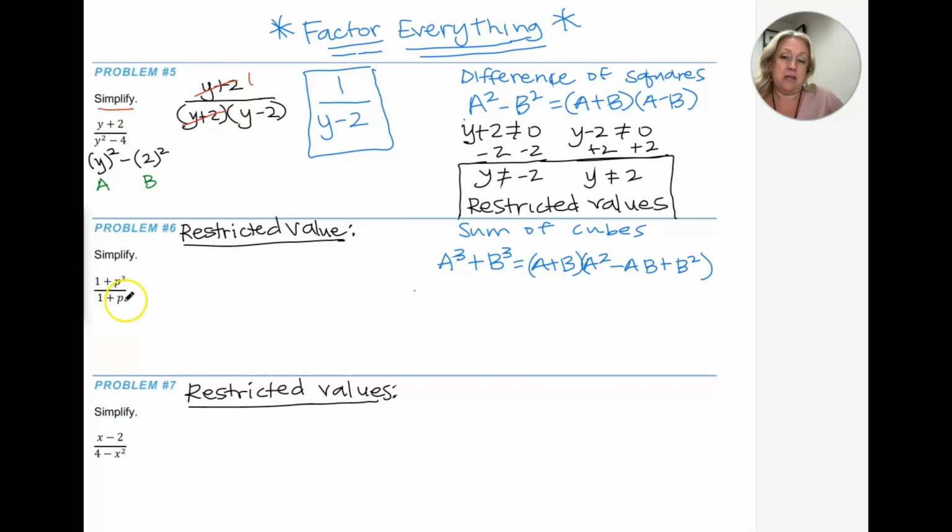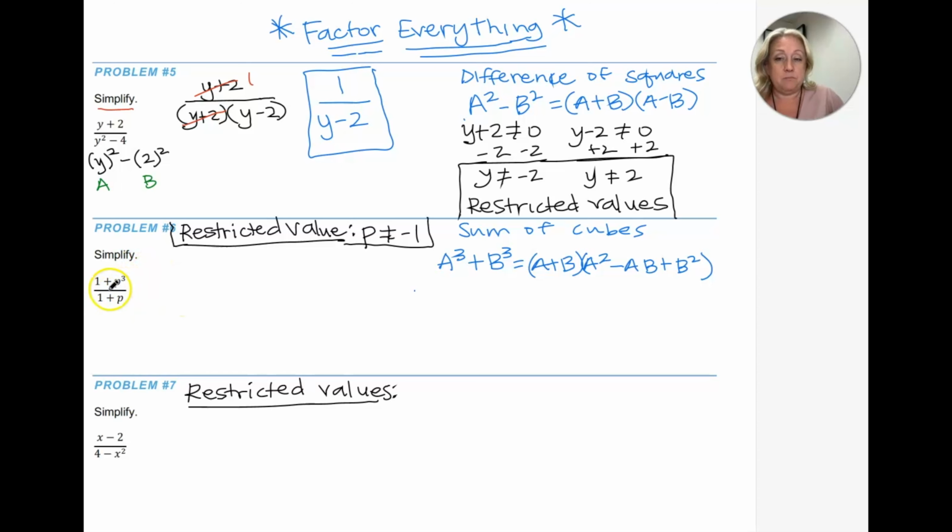We look at that and we say, what value of p would make that go to 0? Well, it'd be negative 1. 1 minus 1 would give me a 0. So on this one, p cannot equal negative 1. That is our restricted value, and there's only one restricted value this time.